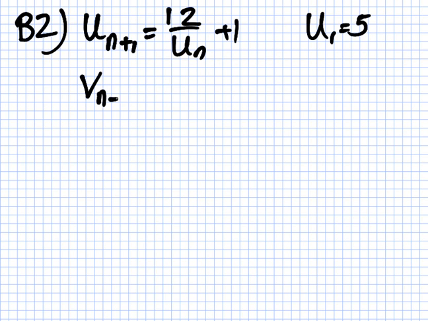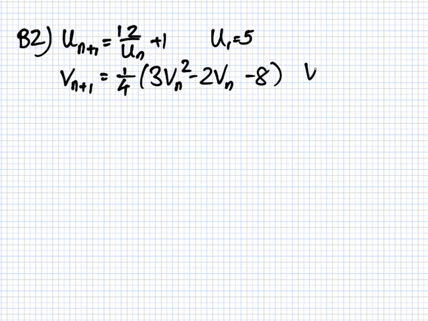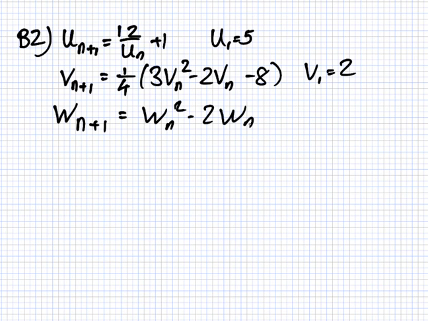V n plus 1 is 1 over 4 Vn squared minus 2Vn minus 8, V1 equals 2, and then Wn plus 1 is Wn squared minus 2Wn plus 3, and W1 equals 1.